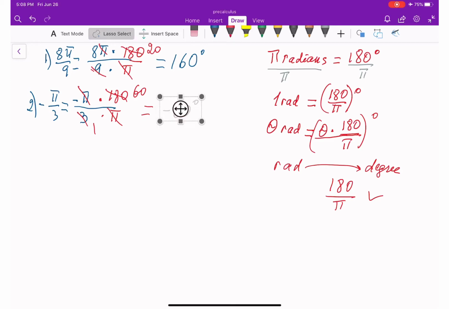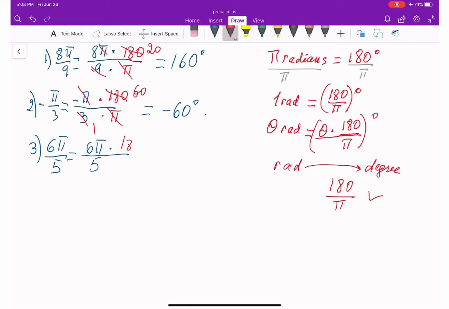Okay. Next one. Number 3. 6 pi over 5 is equal to 6 pi over 5 times 180 over pi.